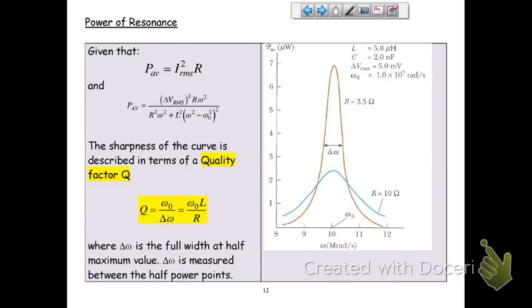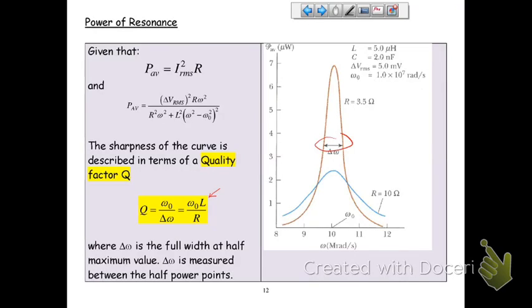And then a couple of things for more engineering, really. The sharpness of resonance, how do we characterize it? We take the full width at half max. We say there's a quality factor called Q. Q equals my resonance over my half max resonance width, and that turns out to equal omega naught times L over R. So I can play games.